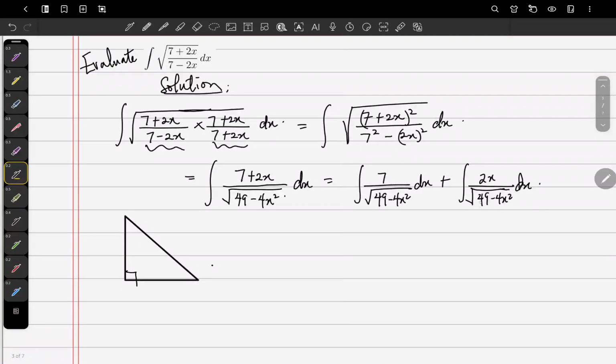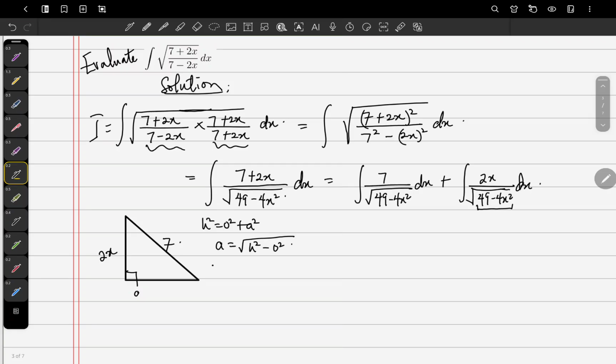The fact that I have the square root of 49 minus 4x squared is speaking to me as if we have a hypotenuse of 7 and an opposite of 2x, such that using the Pythagoras theorem, hypotenuse squared equals opposite squared plus adjacent squared of a right angle triangle, then the adjacent will be the square root of the hypotenuse squared minus the opposite squared, because I'm seeing the square root of something minus 4x squared.